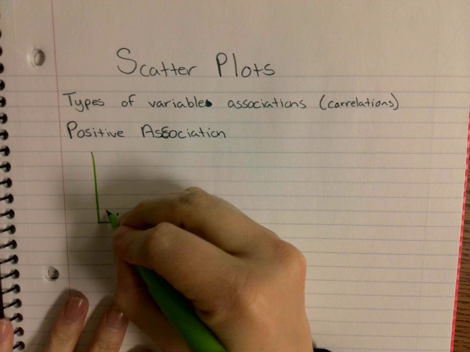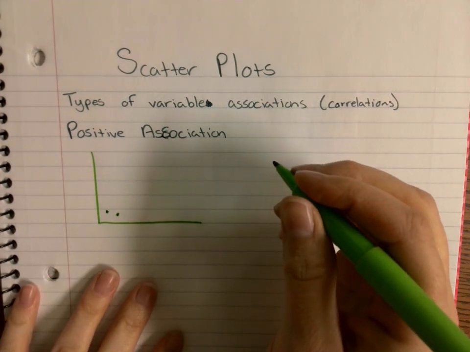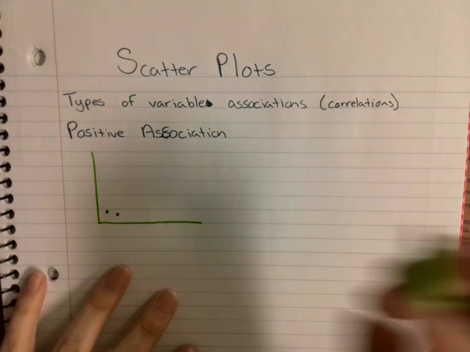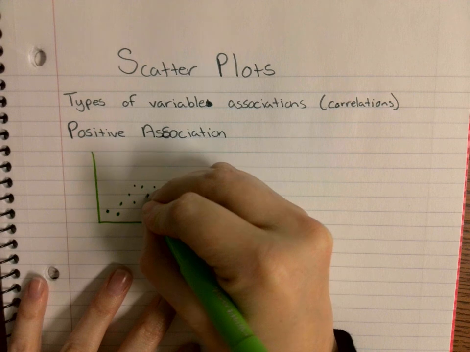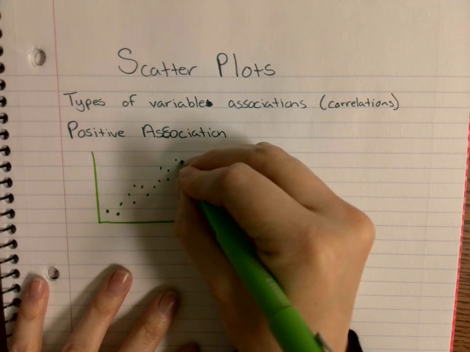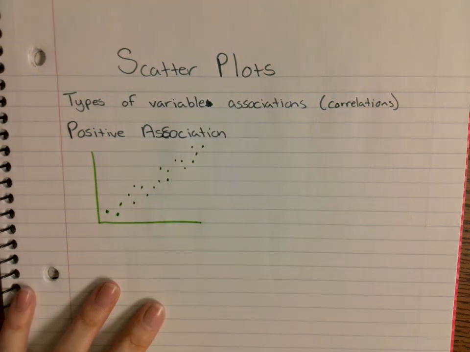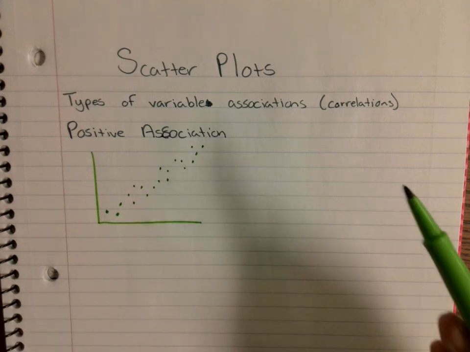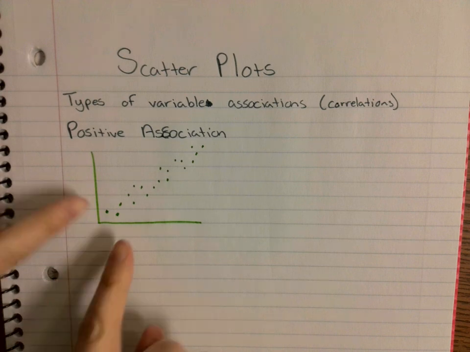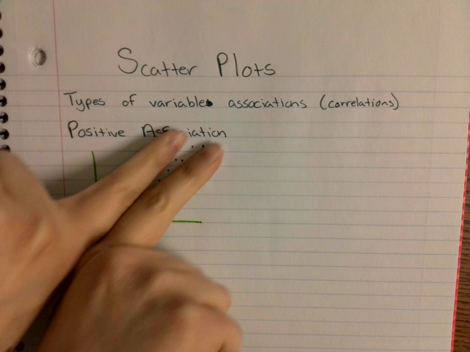If you see the word scattered, does it mean it's going to go in a straight line? No, they're not going to be linear, but it's going to follow somewhat of a trend that's happening. And it looks almost like if you could draw a line to relate it, which would be called a line of best fit, it would go in what we would call a positive direction, kind of like slope. Think of slope. If I have a line going this way, it's going to create this positive slope.